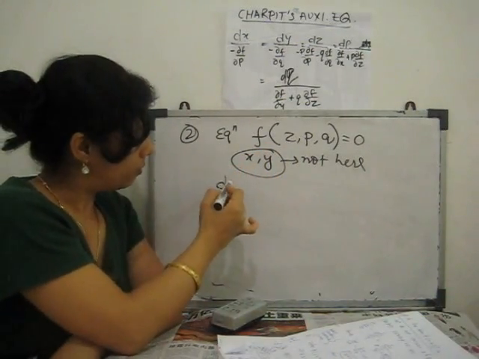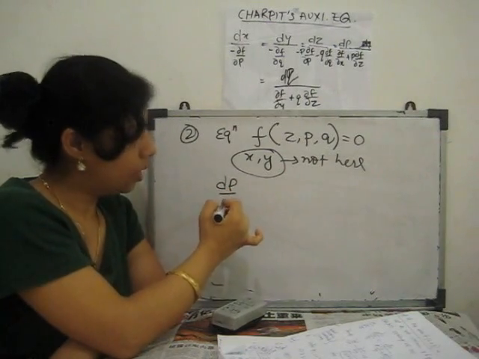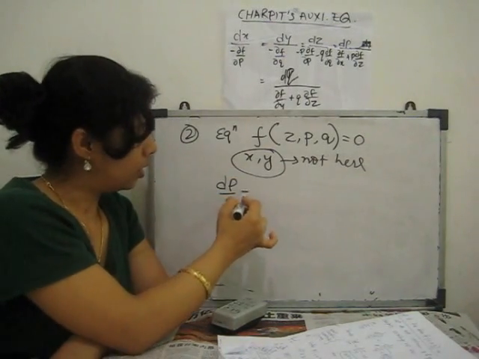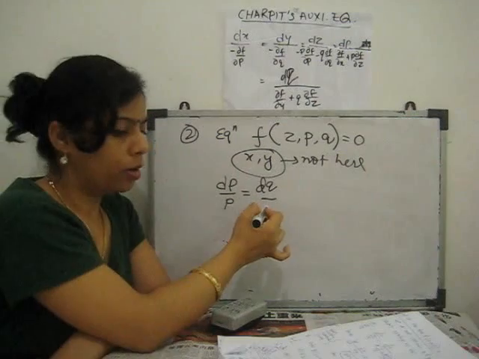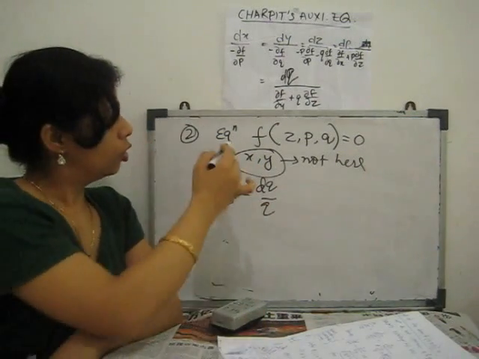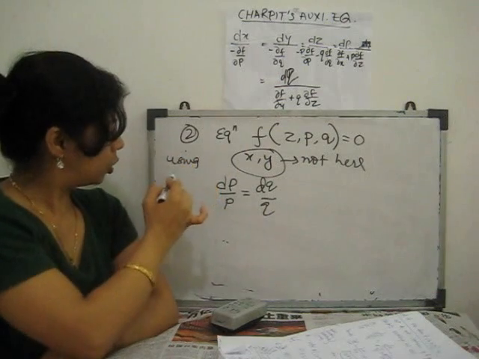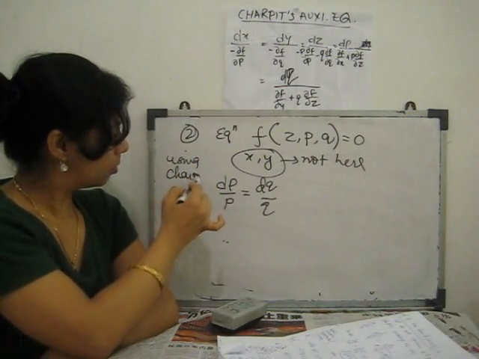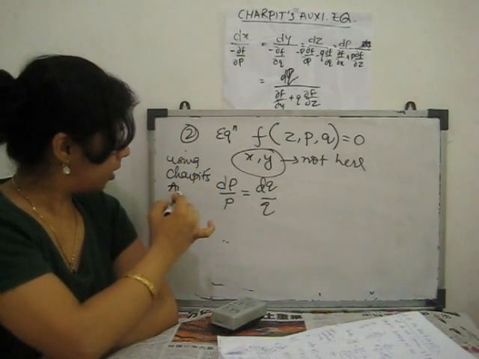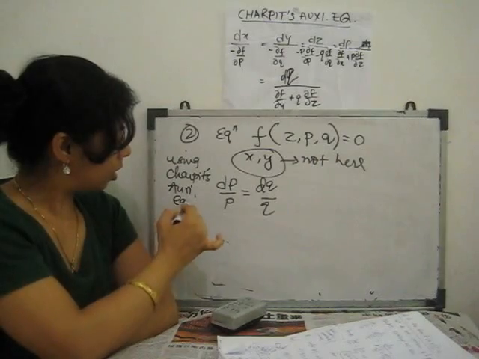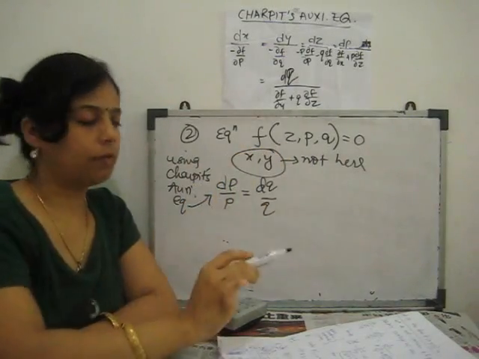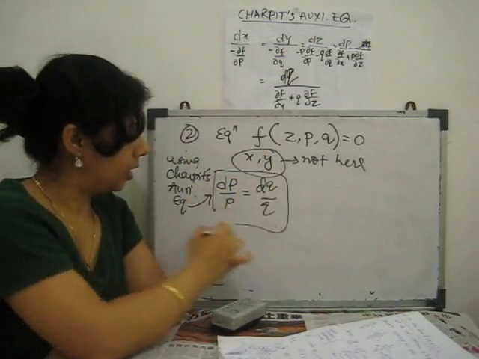So with this we always find dp upon p equal to dq upon q. Clear? So how? Using the Charpit's auxiliary equation for this given equation, we will get this.